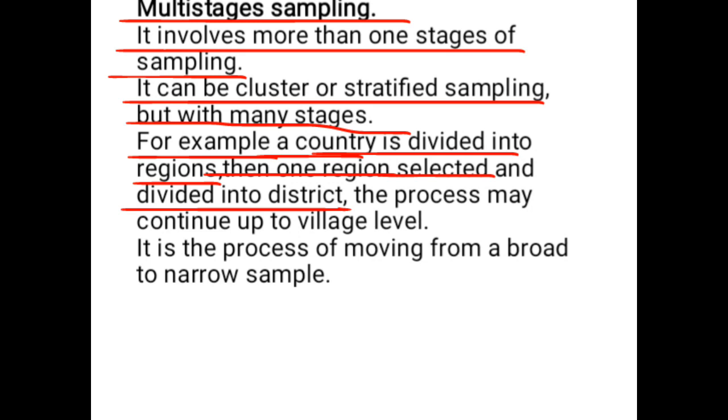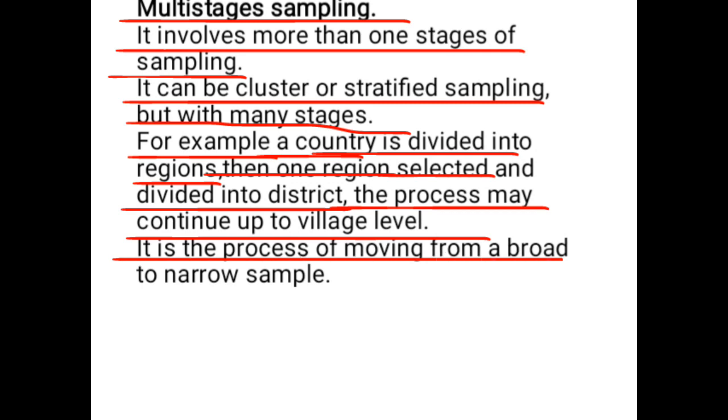Then few or one district from each region is randomly selected. The process may continue up to the village level. That is a process of moving from a broad to a narrow sample. Now you started from the country up to the village level, or you may end up at the district level, or up to the region or province level.